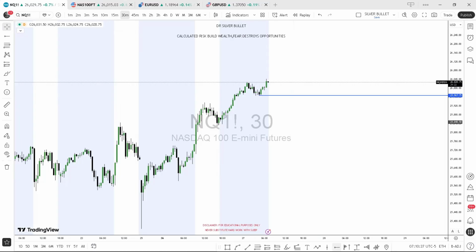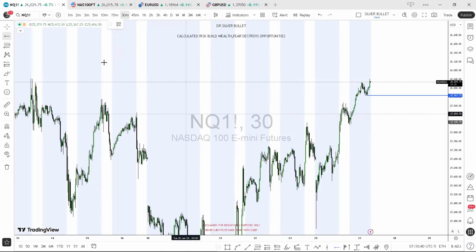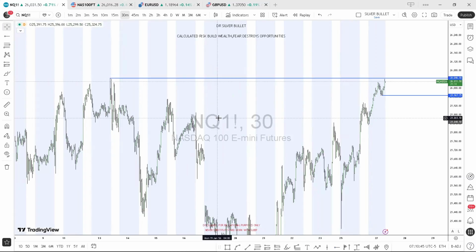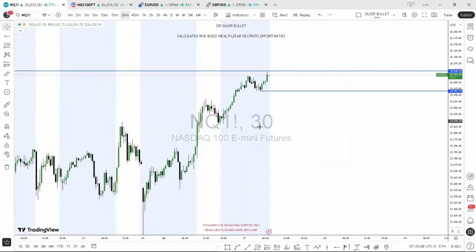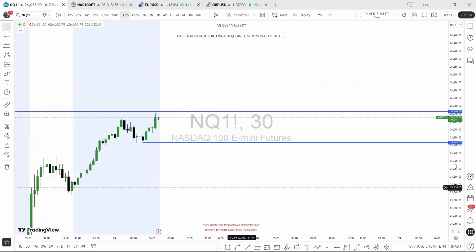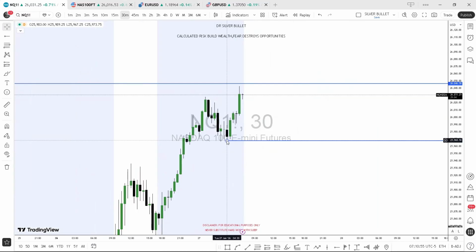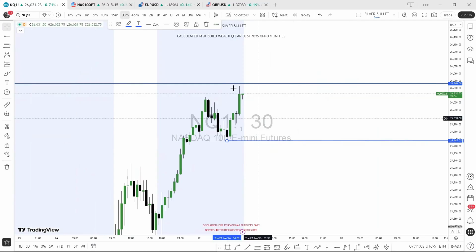Then where is buy side liquidity? So we have got buy side liquidity, which is here. So now, what is the most likely thing to happen when you are seeing a rise like this? The likely thing that is going to happen is this buy side liquidity is taken out first.